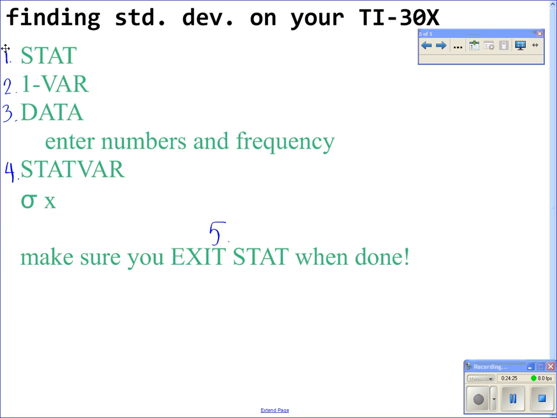So write it down first, and then I'll have us go through it and make sure we can all get the same answer. Ready?